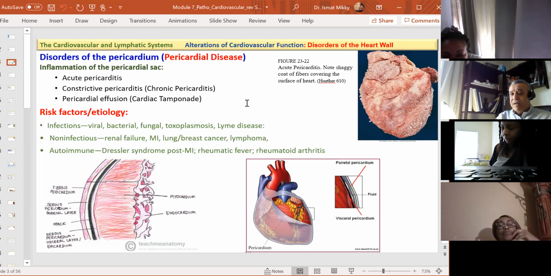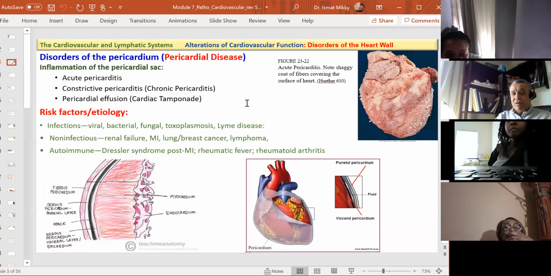So the constrictive pericarditis is the chronic type. And then either one, acute or chronic, can lead to something called cardiac tamponade, which is the pericardial effusion.